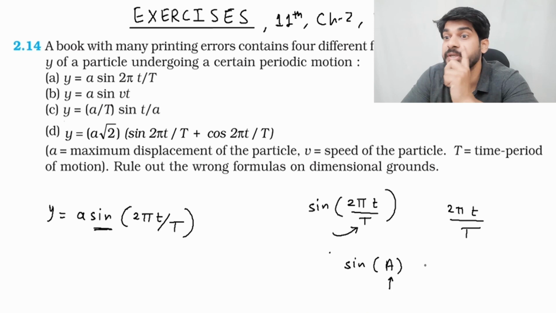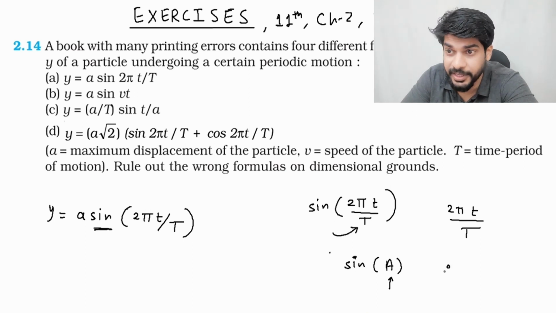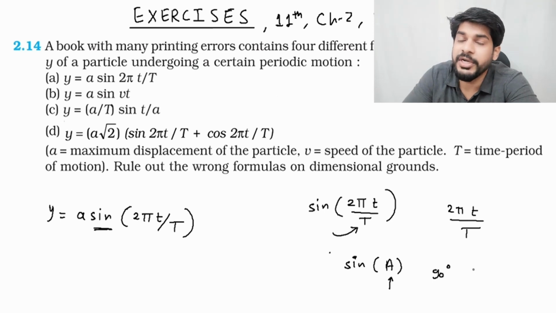Because the sine function only accepts angles, like 90 degrees, just as an example, or it accepts another unit, that is radians.